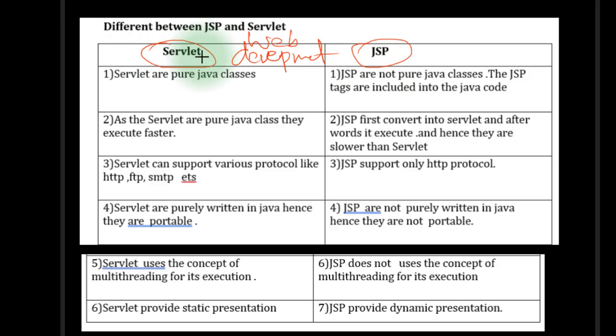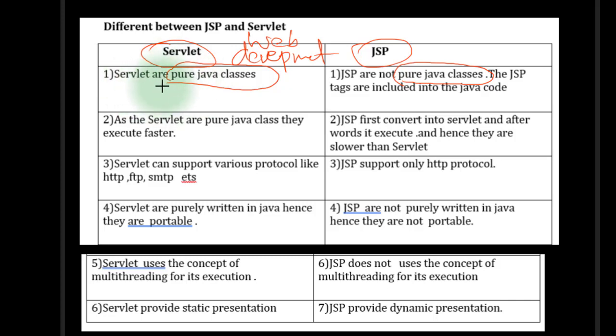The first and most important difference between servlet and JSP is that servlets are pure Java classes, whereas JSP is not a pure Java class. What does it mean? In servlets, we write code using the Java language.